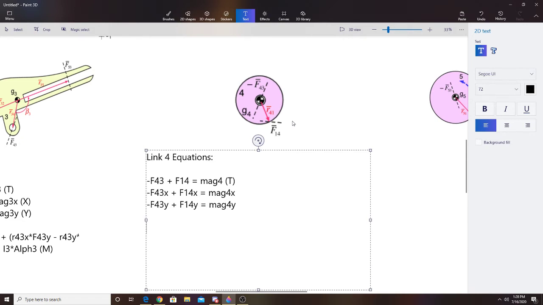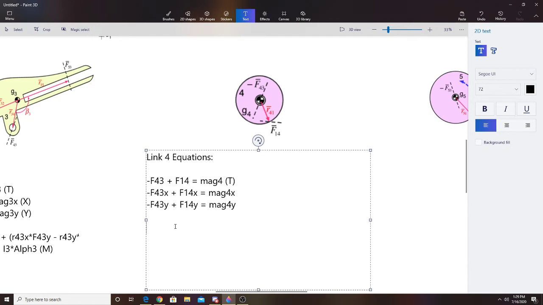As soon as you put it on the ground and start moving it, it spins. It's because the only force contributing to a moment, a spinning of that circle, is the contact, right? So in that respect, we basically don't take F43 into account. F43 is not part of the moment equation. It was only part of the force X and Y equations.